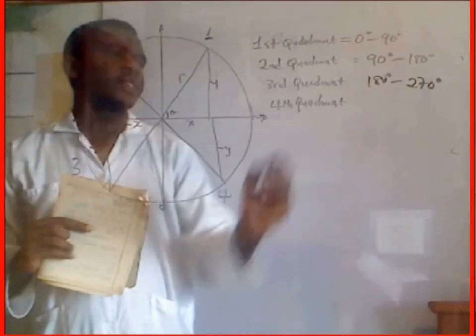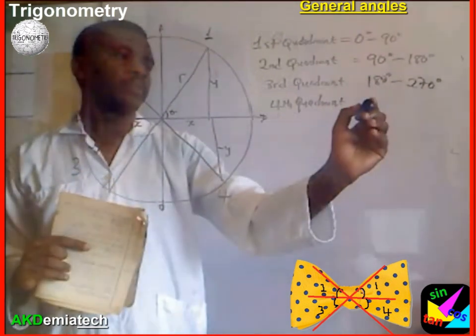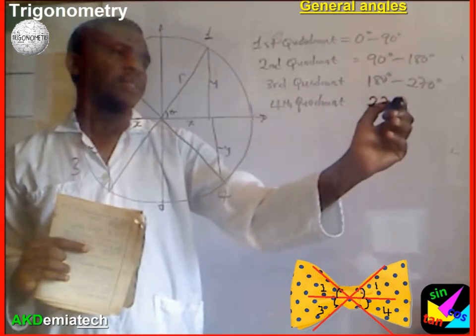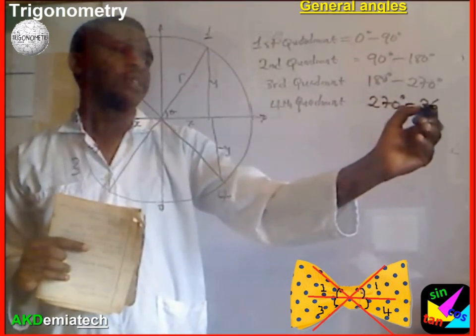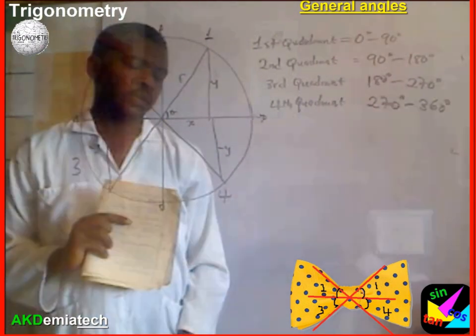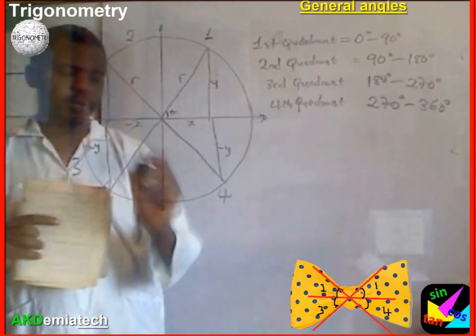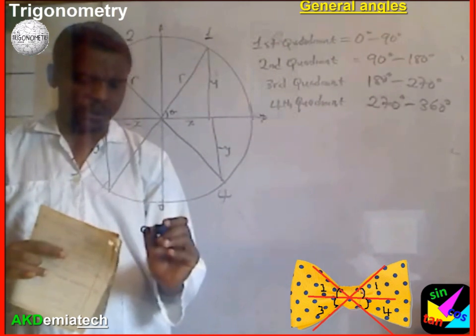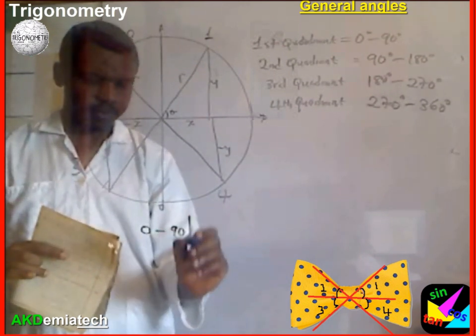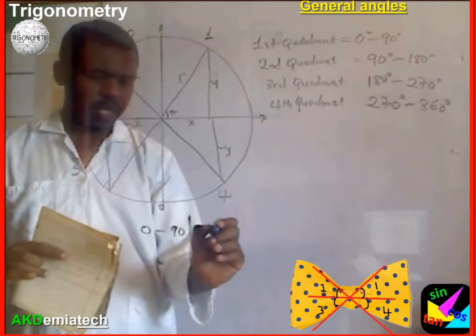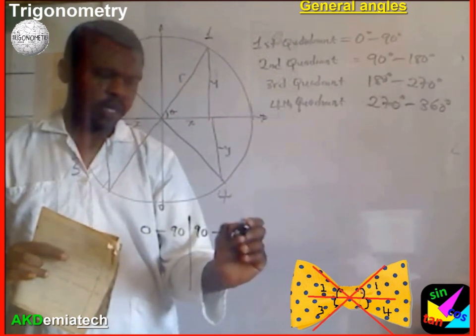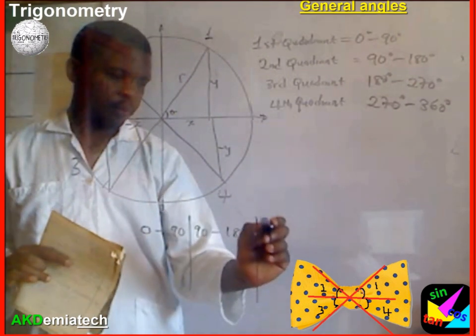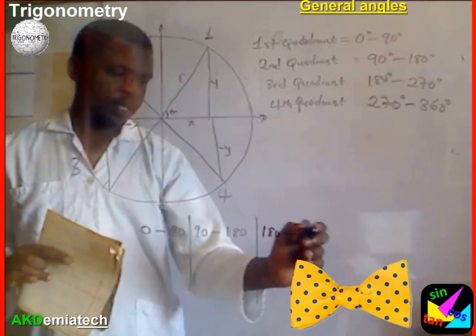For the fourth quadrant, the values range from 270 degrees right up to 360 degrees. So here I take the ranges from 0 to 90, 90 to 180, 180 to 270.